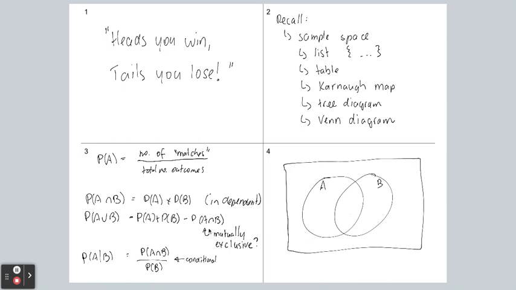So the probability of A intersect B would be 0. So if they're mutually exclusive, the probability of A union B would just be the probability of A plus the probability of B, because there's nothing overlapping.